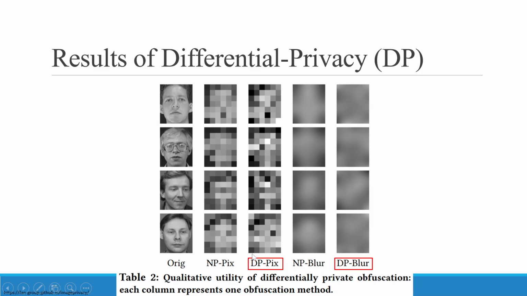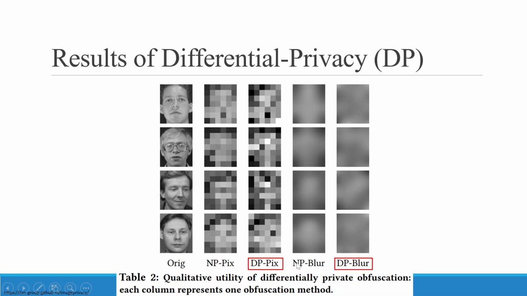And then if we apply differential privacy on this result, we will get content like this. And also for this case, we will generate the differential privacy result like this kind of content.